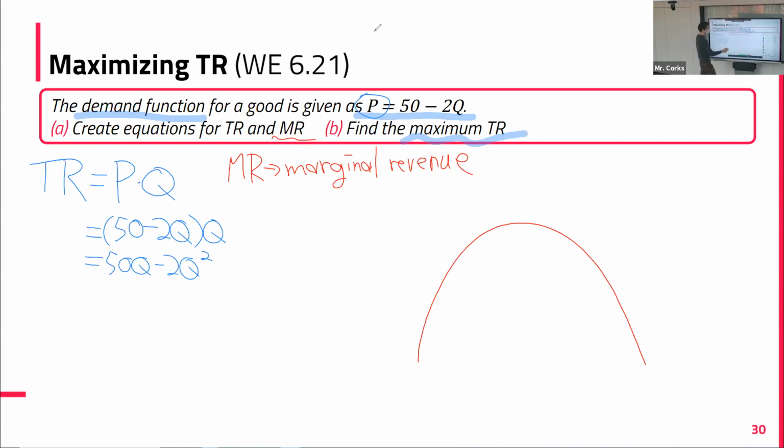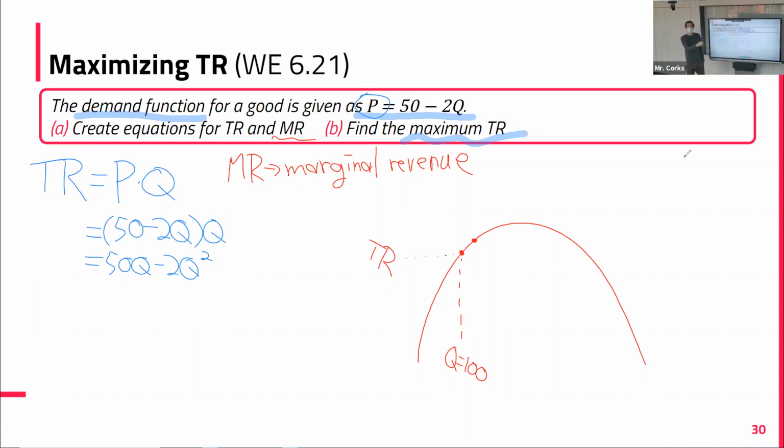So let's say I sell 100 units. Here is my Q at 100, and we could figure out my total revenue for when we sell 100 units. Then for marginal revenue, I'm asking, what if I sell one more?